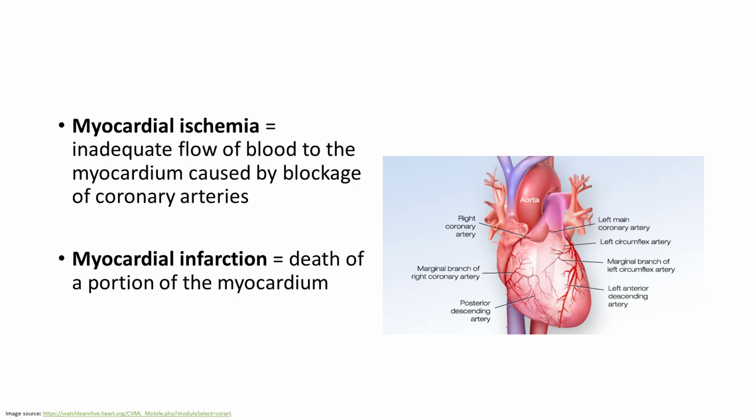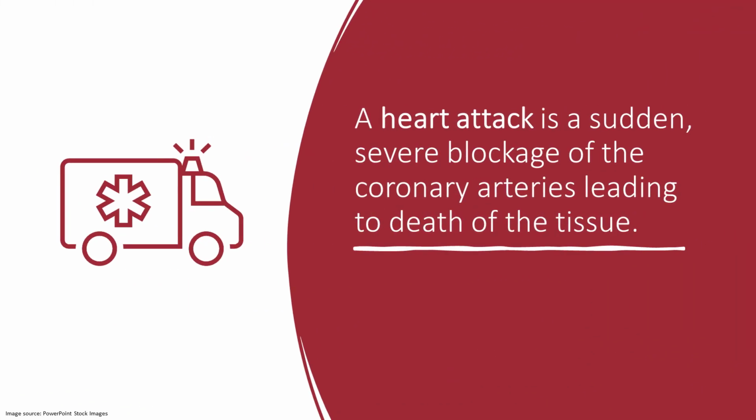If blood flow through the blocked coronary artery is not restored, it may create an area of myocardial infarction, or an area of dead cardiac myocytes. A heart attack is a sudden severe blockage of the coronary arteries leading to the death of the tissue.